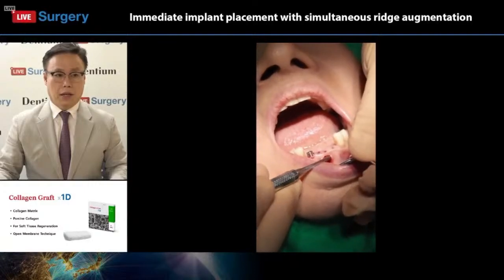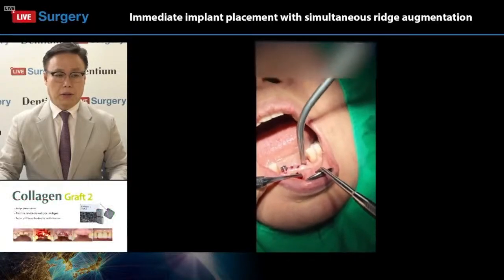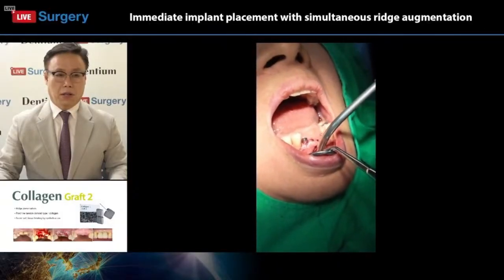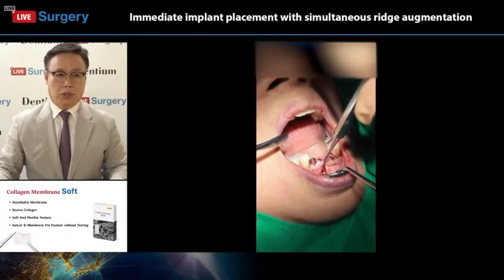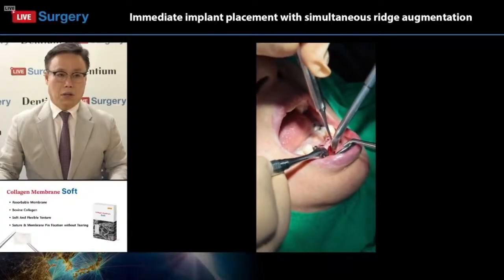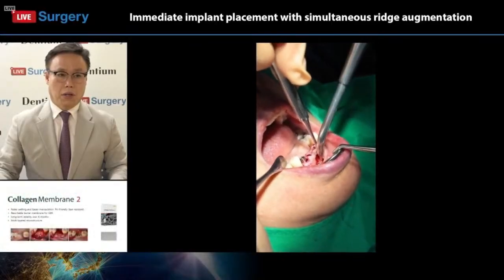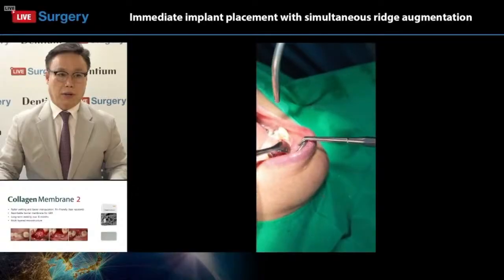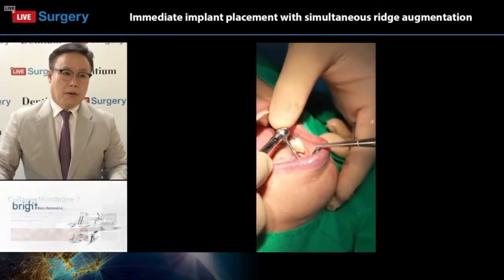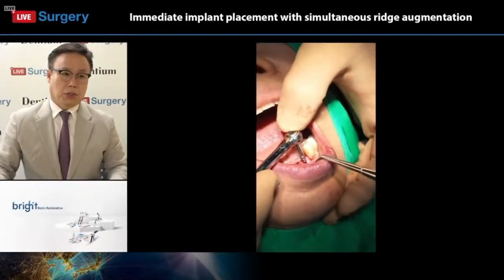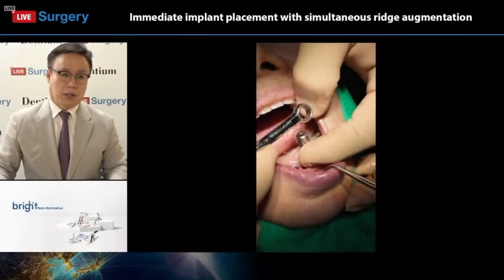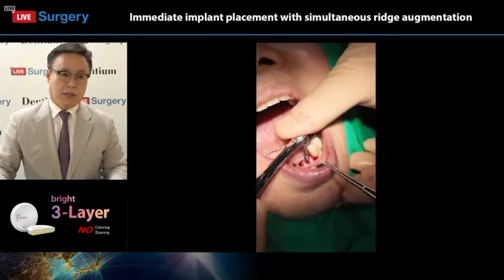And checking through the space we made through the vestibular incision, the location of the implant and vertical position, I'm showing there's not too much defect on the other side. So therefore, we just changed the position a little bit deeper, and that's it. I didn't apply too much bone graft for this case because this defect is not really big.